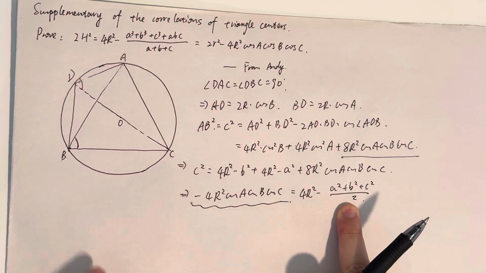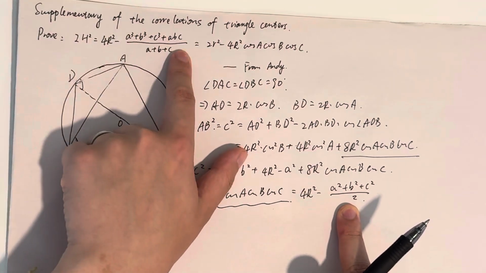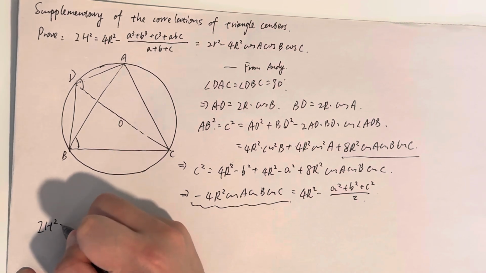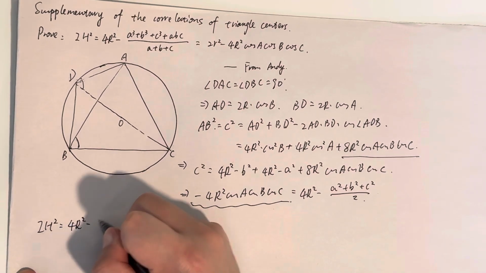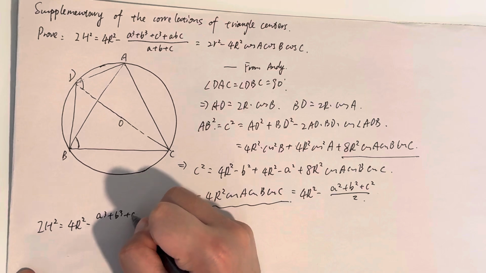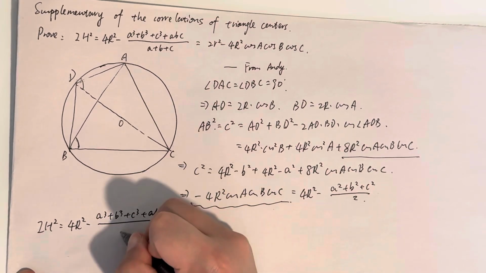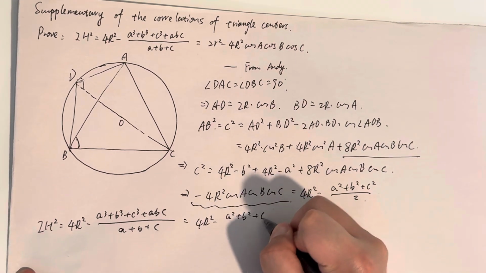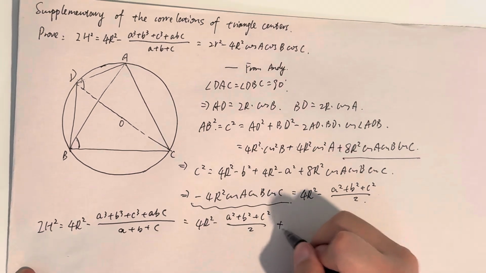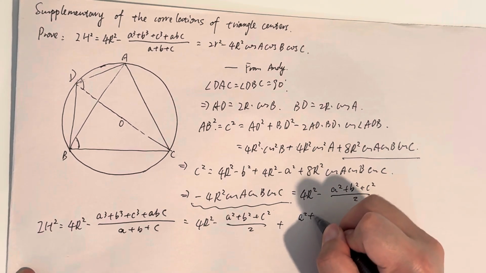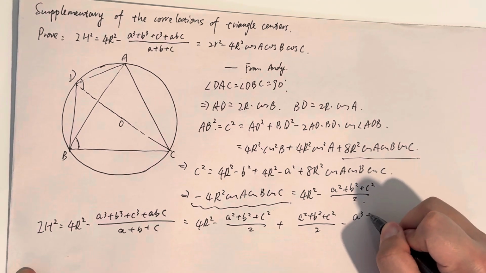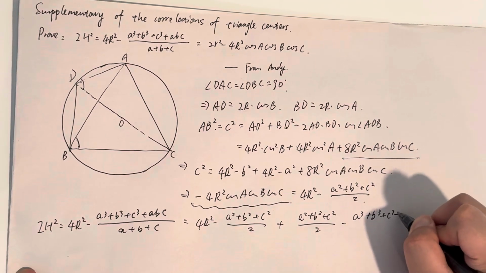So we can reform the first term into this format, which means IH squared equals 4r squared minus this one. It can be rewritten as 4r squared minus (a squared plus b squared plus c squared) divided by 2, right? And plus (a squared plus b squared plus c squared) divided by 2 minus these terms, right? We keep it here.